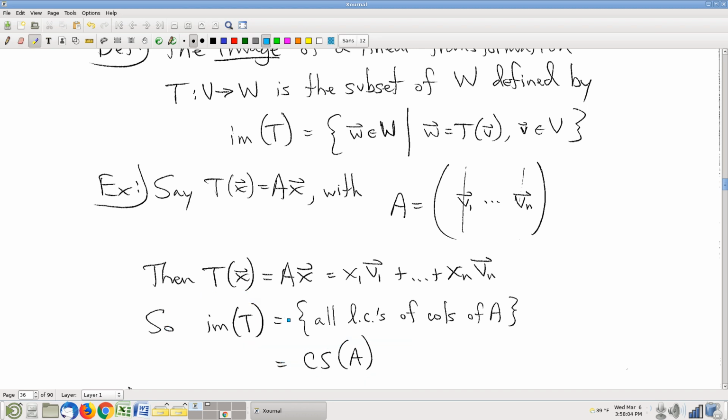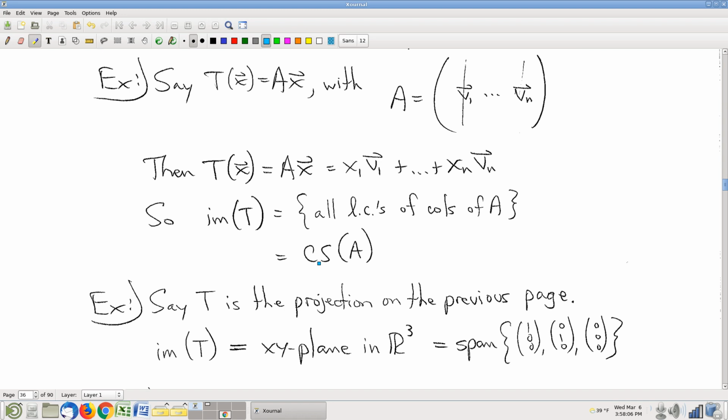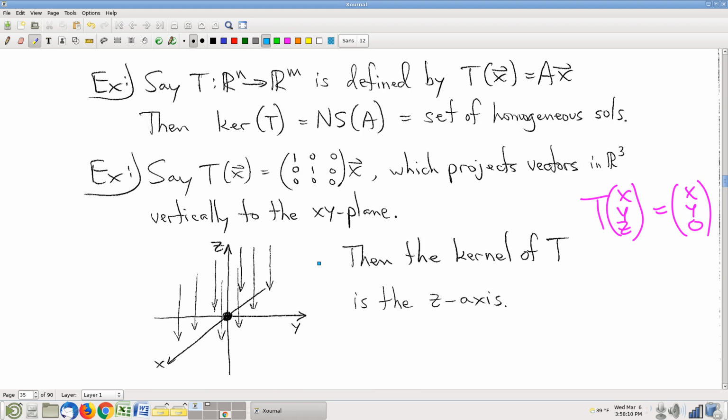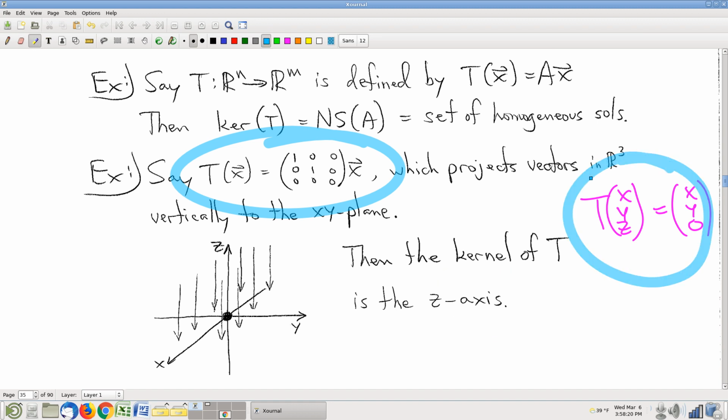Okay. Alrighty. Let's go back to our previous example. Oh, let me remind you. Here's our previous example, talking about that matrix function there. Right? We agreed that the kernel is the z-axis. Remember, we've got this formula here. Everything goes into the xy, the nearest point in the xy plane. So let's think it through.